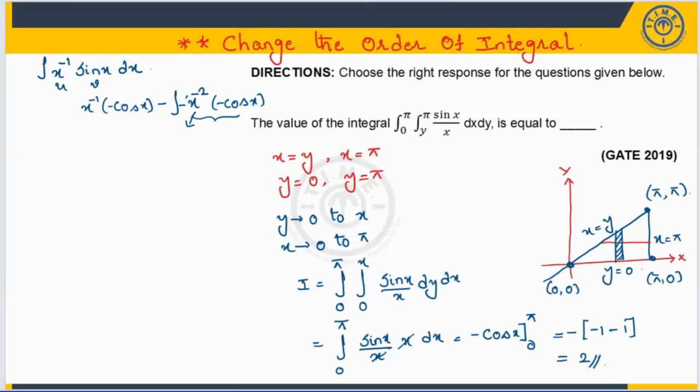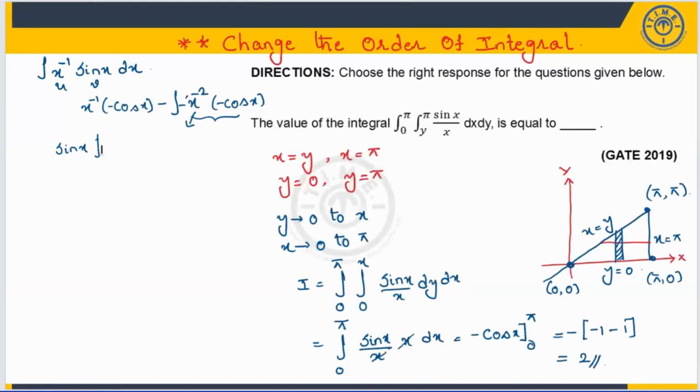So if we are taking sine as u and x to the power -1 as v, so sin x into the integral of 1 by x, which is log x, minus the integral of the derivative of sine, that is cos, into log x.